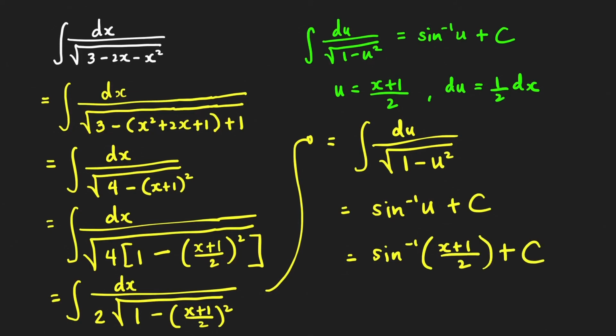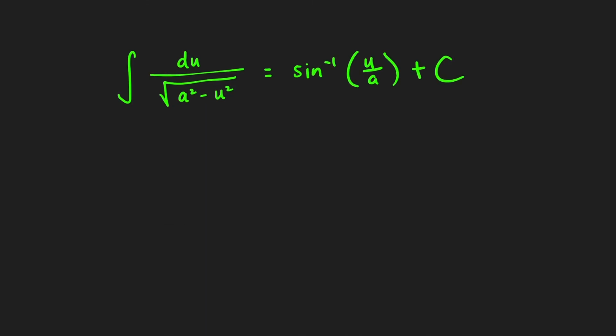To end this video, let me share a generalization of the three integral formulas that we discussed at the beginning of this video. We have integral of du over square root of a squared minus u squared is equal to sine inverse of u over a plus c.